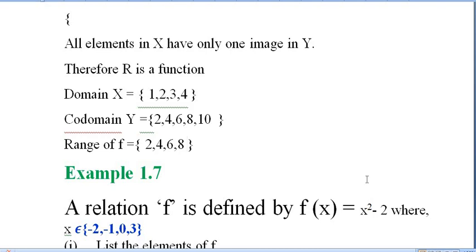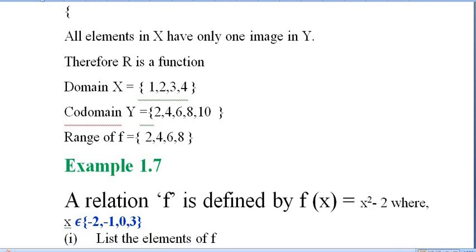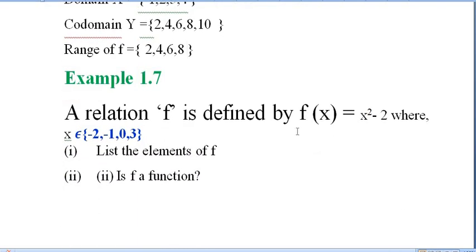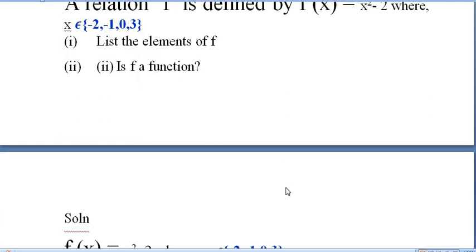Now example 1.7. A relation f is defined by f of x equal to x squared minus 2, where x belongs to minus 2, minus 1, 0, 3. List the elements of f, and is f a function? So there are two questions.